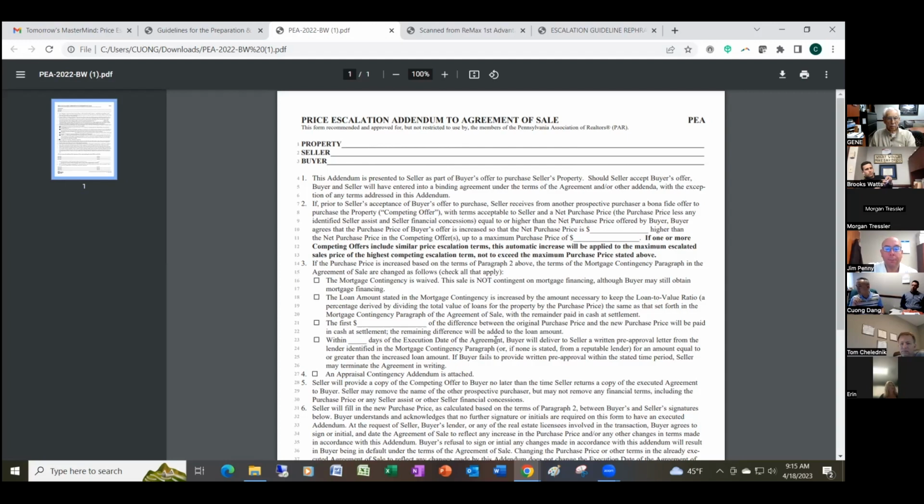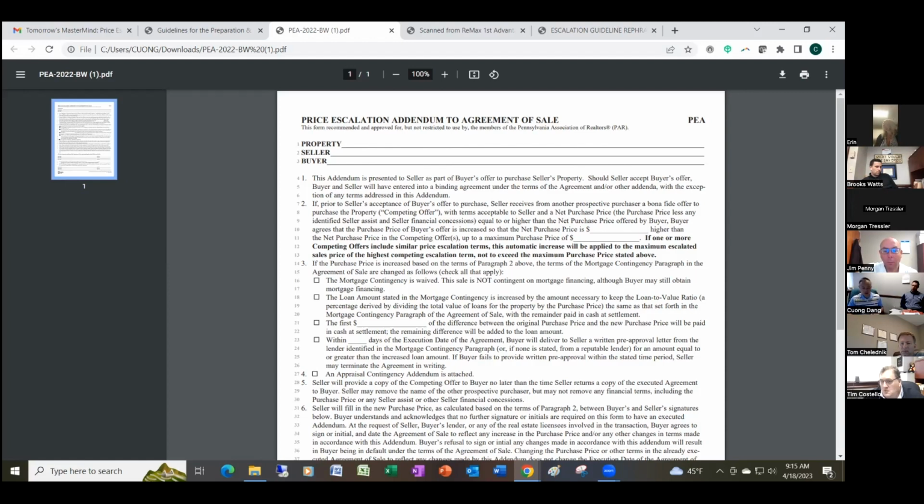Does anybody know the answer? I would say yes, you can. And that would be that if the escalation clause wasn't used, then the agreement of sale stands as the way it was written.